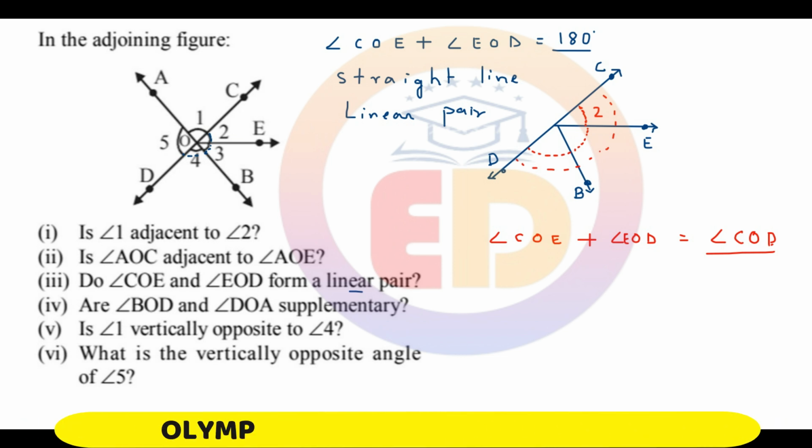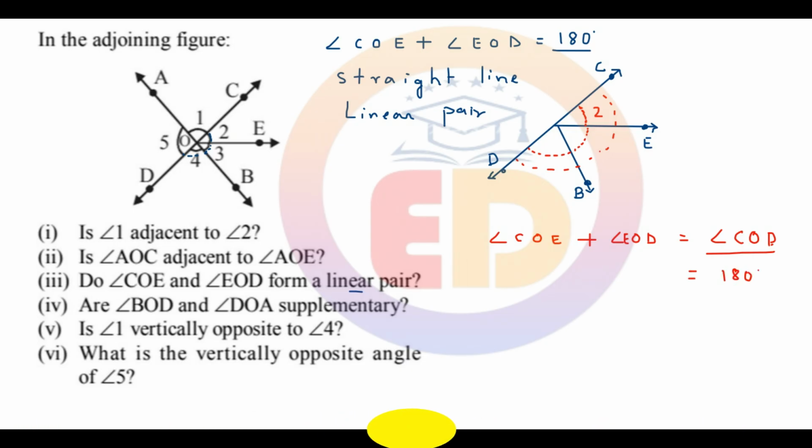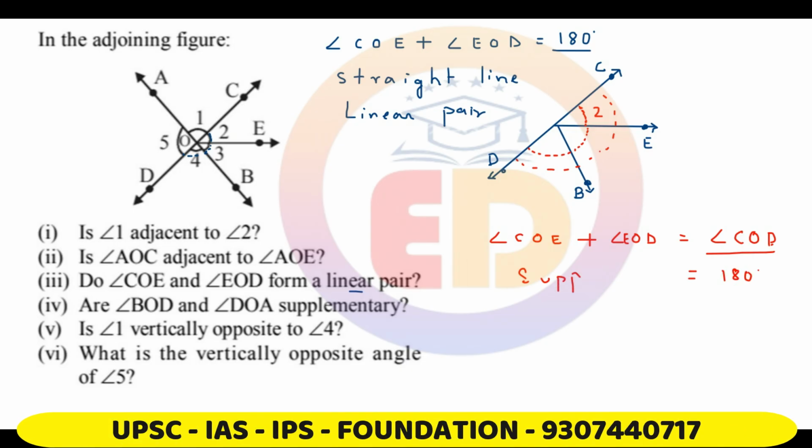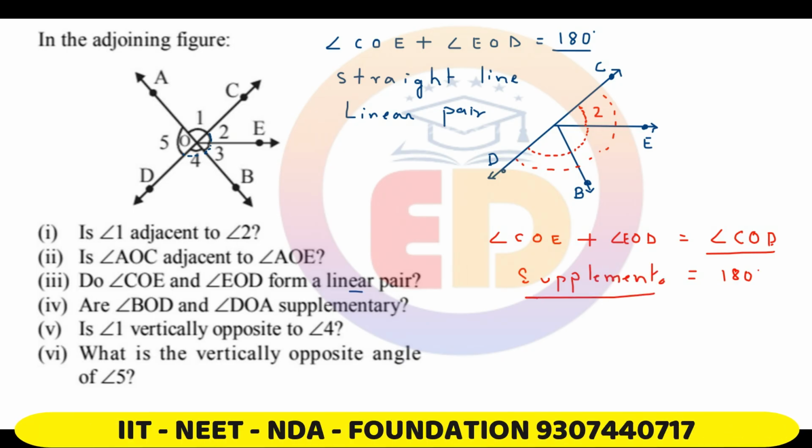It means that angle COE and angle EOD, their sum is 180 because they are a straight angle. So we can say that they are supplementary. Answer to the third is yes.